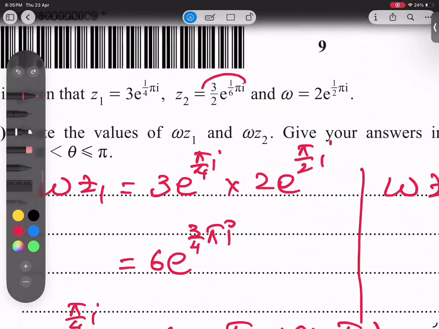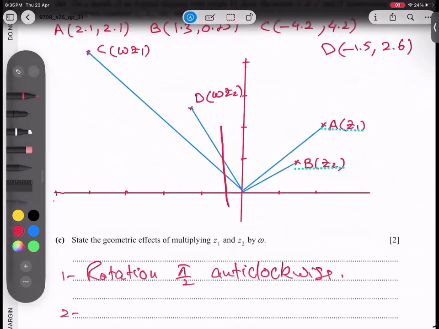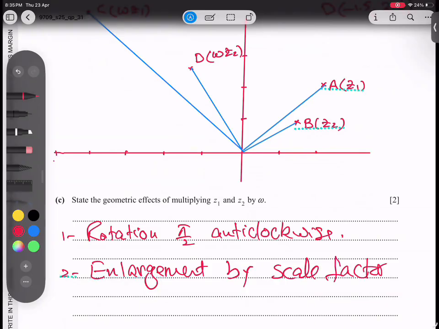The multiplying factor is just like enlargement. When I multiply omega with Z2 or Z1, it is a 2-time enlargement. Whatever this length is, this is double the length. So the second impact is enlargement by scale factor equal to 2. It's very clear because the number tells itself.